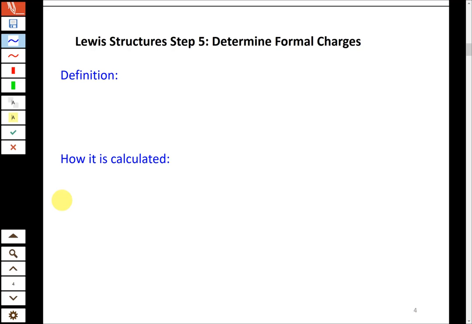So the definition of formal charge, again, it doesn't have a real physical meaning. It's just a way of accounting for the electrons in a Lewis structure. And so when you draw a Lewis structure, the formal charge is going to be defined for every atom in the structure. And it's going to be the charge that atom would have if the bonding electrons were shared equally.